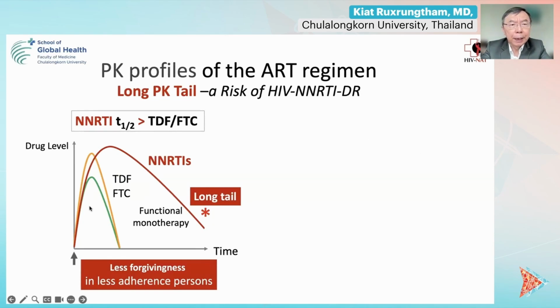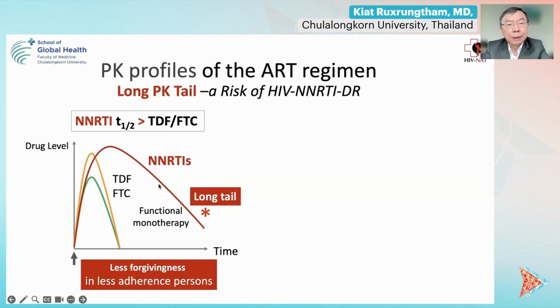You can see here that if you prescribe TDF-FTC plus an NNRTI, either efavirenz, nevirapine, or rilpivirine, and the patient misses a dose the next day, the nucleoside backbone, with its shorter half-life of an average of about one day, will be gone.